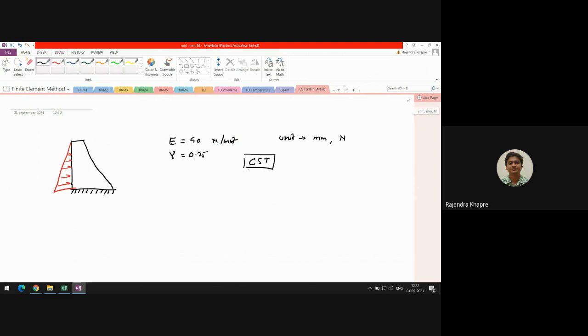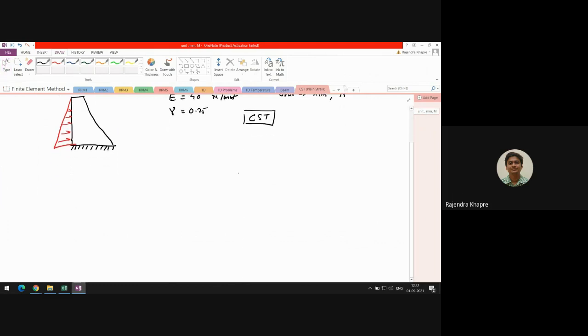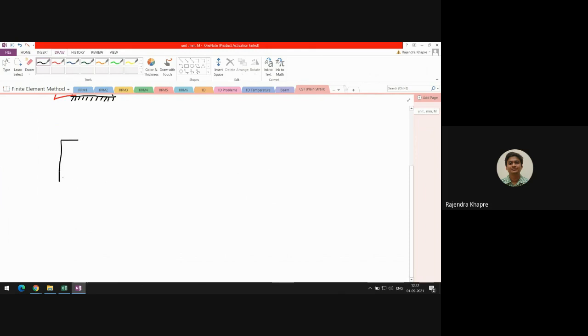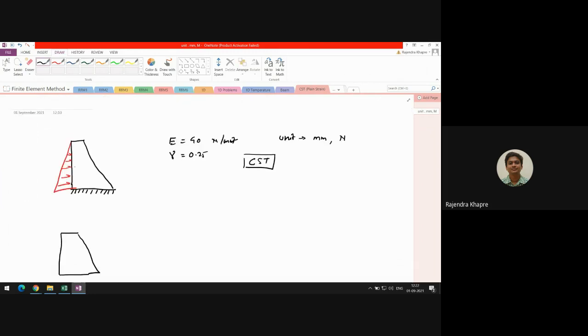Okay. Now for the analysis purpose, if you remember, the first step which is used in the finite element method is the discretization of the structure. So for the purpose of discretization, I'm going to draw the same structure one more time. I think I have not given the dimensions in the earlier structure.